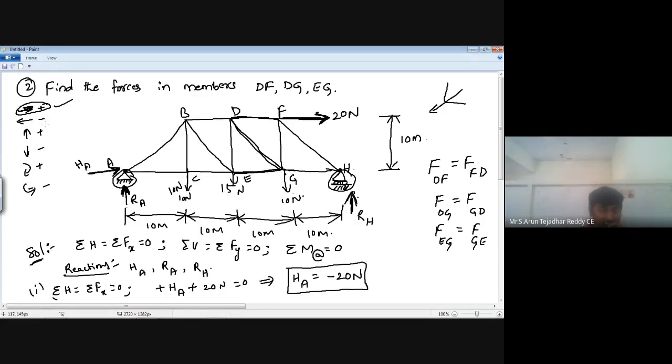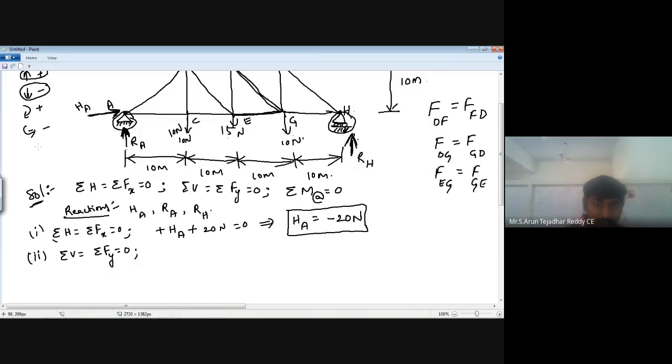RA and RH are both in the upward direction. We can take upward as positive, and 10 Newton, 15 Newton, and again 10 Newton, these 3 are acting in the downward direction. So this is the downward direction, and we can take it as negative.